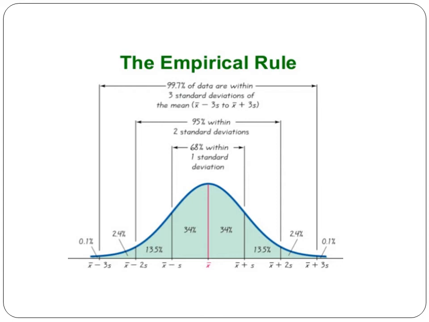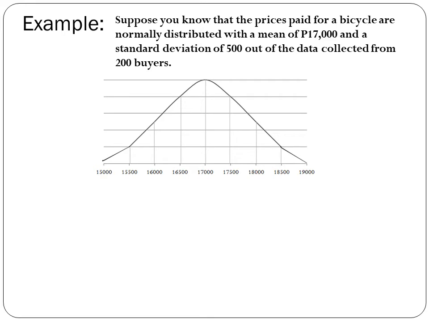So let's have an example. This is the example that I'm talking about to clearly understand the application of such concept about the normal distribution and the empirical rule. So I will read. Suppose you know that the prices paid for a bicycle are normally distributed with a mean of 17,000 pesos and a standard deviation of 500 pesos out of the data collected from 200 buyers.